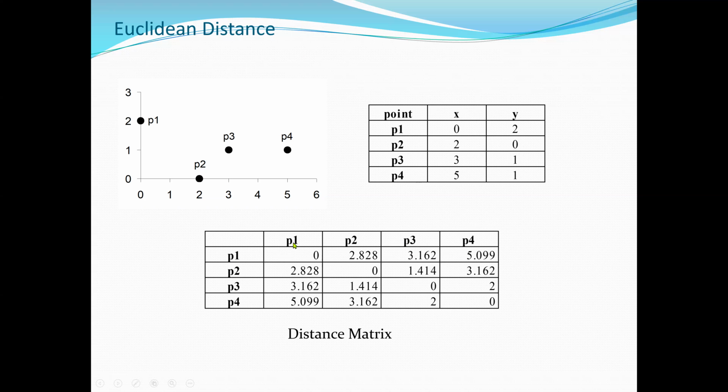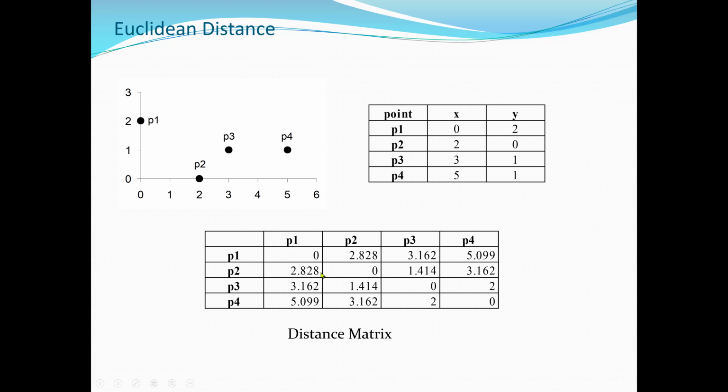So first the P1 and P1 will be 0 because we have the same value. And the rest, again, we're using the Euclidean distance, we can find the points. So where we have P1 to P1, P2 to P2, the diagonal section, everything will be 0. Because the distance from P4 to P4, there's no distance, it's just the same place.